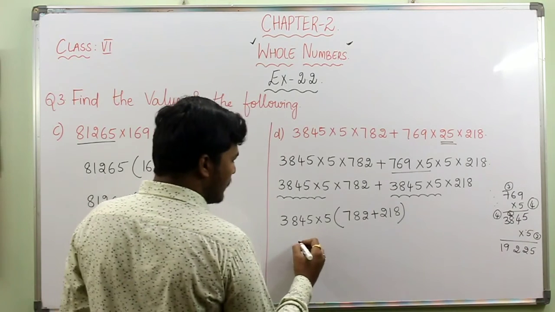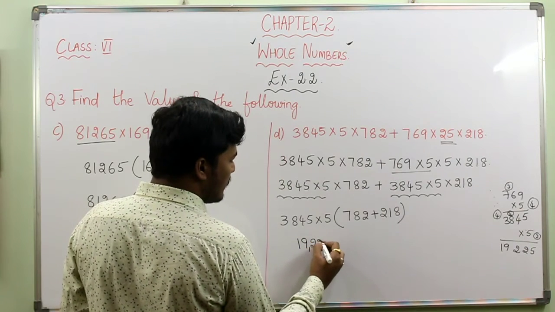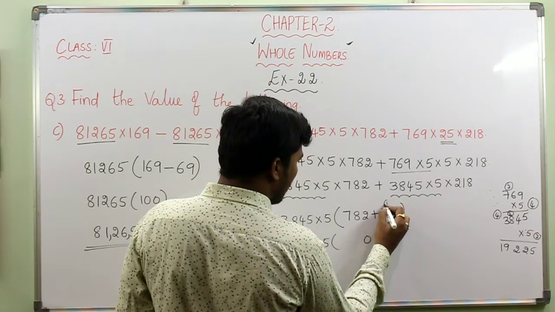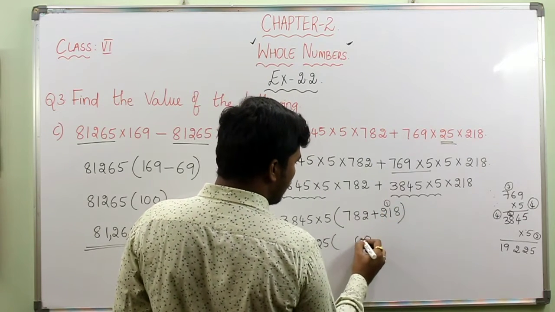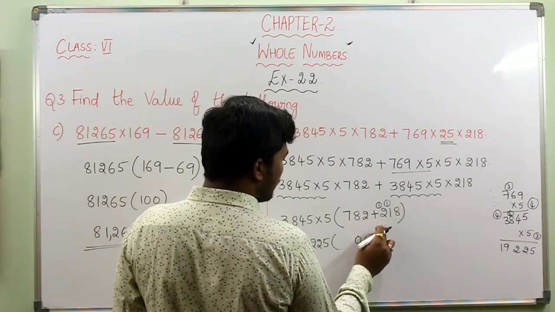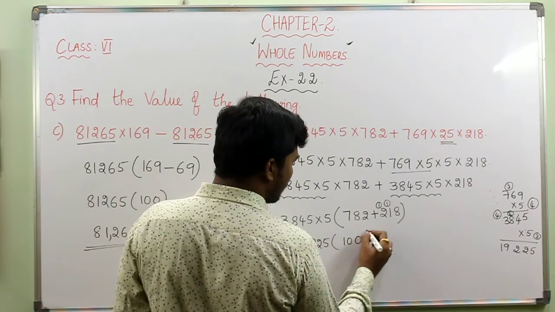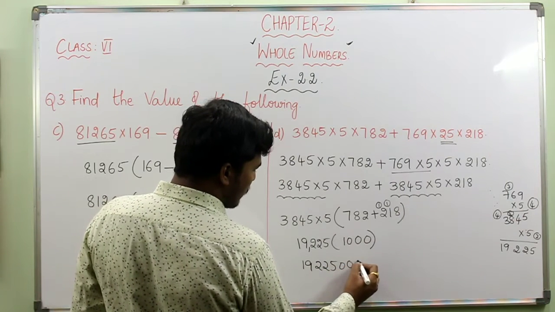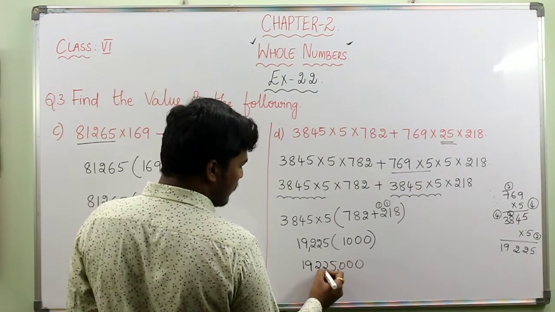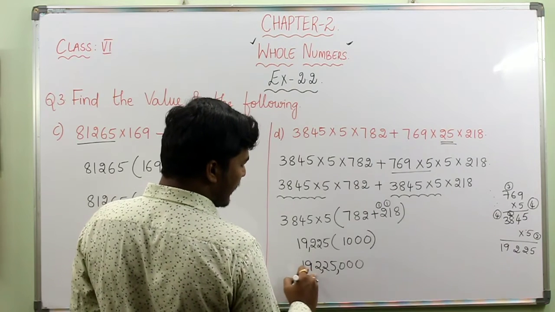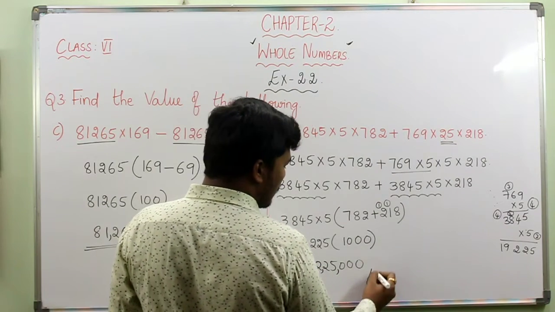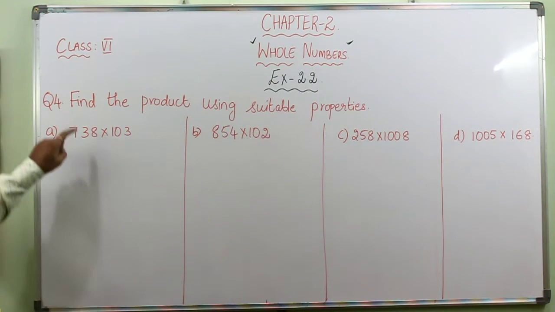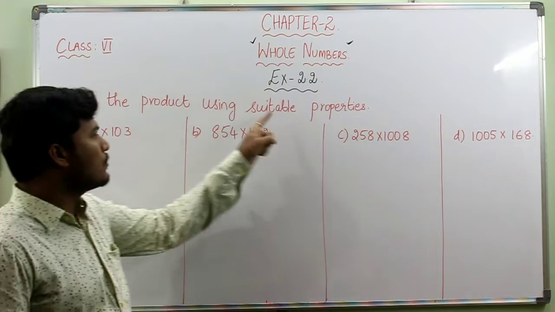So 19,225, and if I add these two, 2 plus 8 is 10, 8 plus 1 is 9, 9 plus 1 is 10, 7 plus 2 is 9, 9 plus 1 is 10. So I'll get 19,22530. That will become 1,92,25,000 is the value.